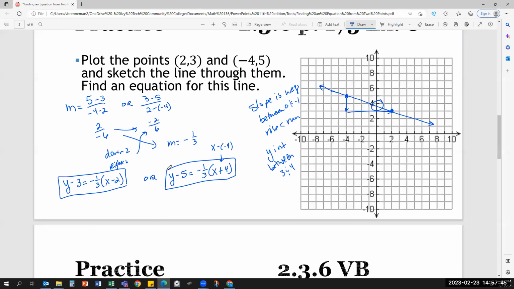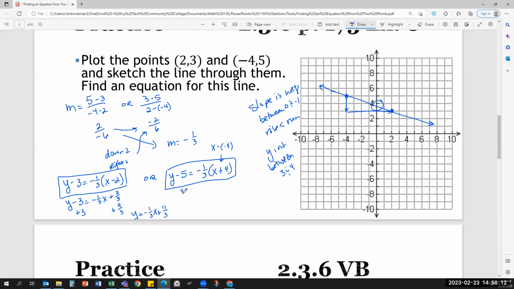But I can also solve them and see that either one of those is going to give the same slope intercept form. So this first one, y minus 3 equals -1/3 x plus 2/3. If I add 3 to both sides, but 3 is 9/3, then I get y equals -1/3 x plus 11/3.